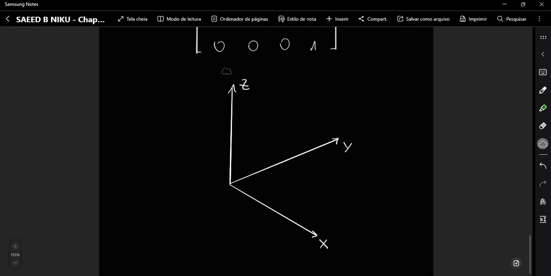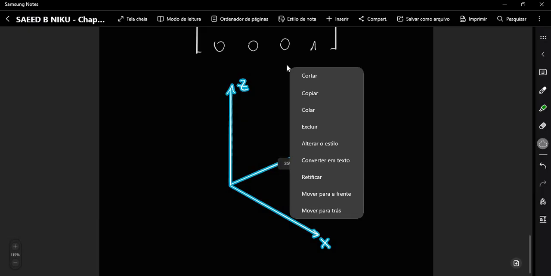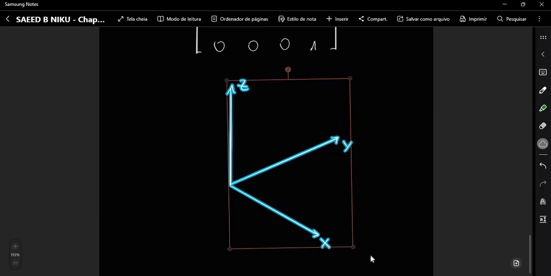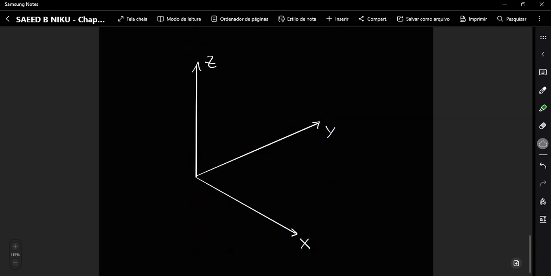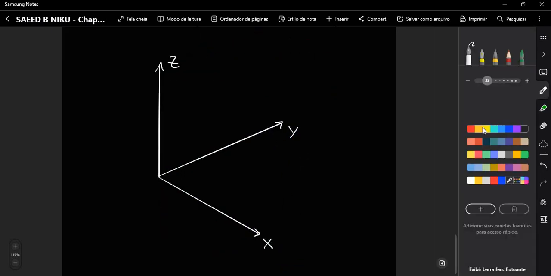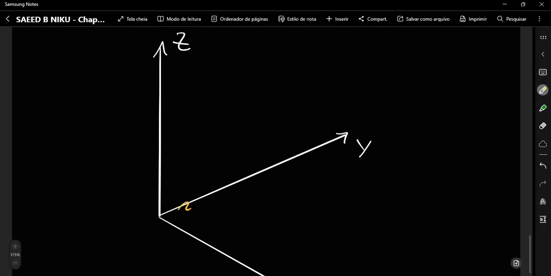And let me spin it a little bit. Okay, now let's draw the vector, which we can treat as an analogy to a robot arm. Let's call it B.